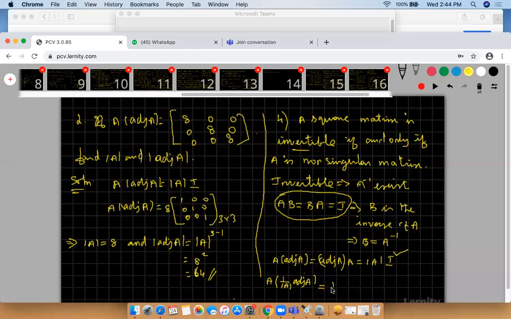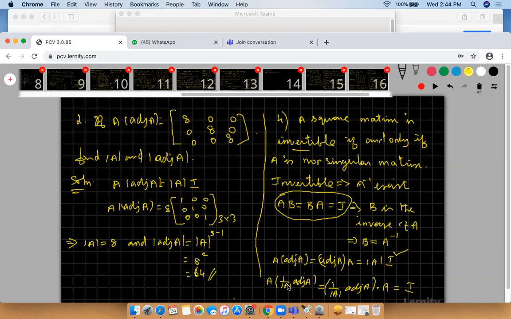Similarly, this is 1 by determinant of A, adjoint of A, into A. On the right-hand side, I will get only identity. Are you okay? I'm dividing all the sides by determinant of A. I will get A into 1 by determinant of A, adjoint of A, and 1 by determinant of A, adjoint of A, into A is equal to identity.